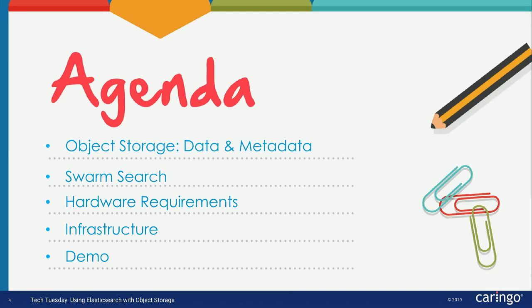We'll discuss the hardware requirements associated with that, the overall infrastructure requirements, all the pieces that come together to allow for this list and query capability within Swarm storage. And then last but not least, Jam is going to be demonstrating to us how that works on a live system.